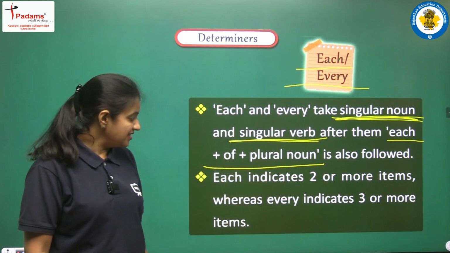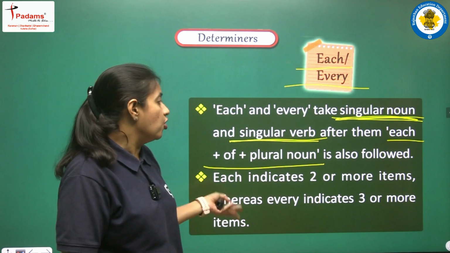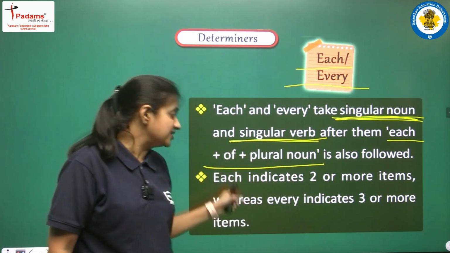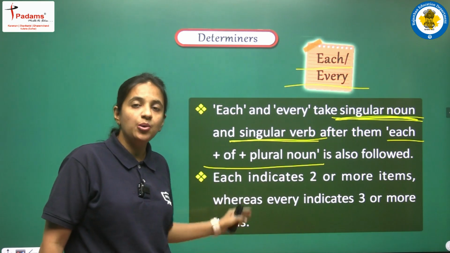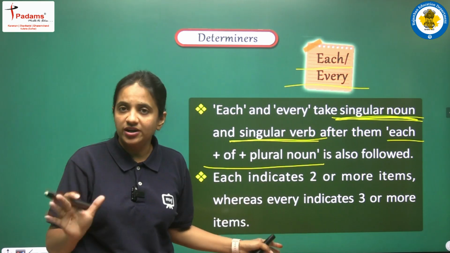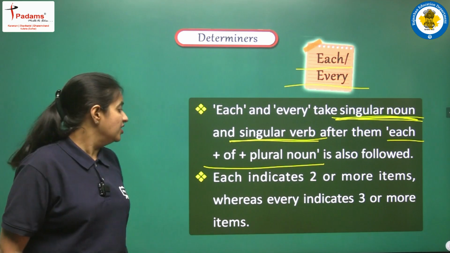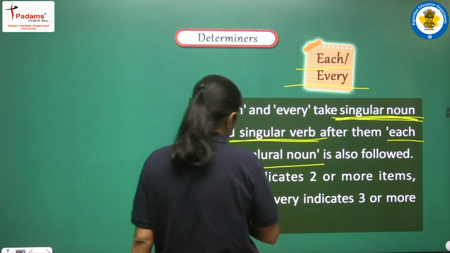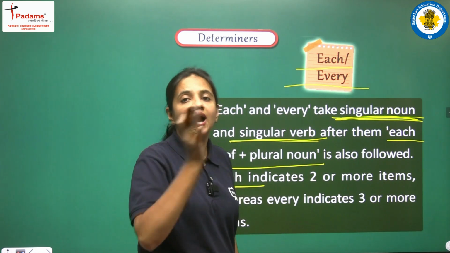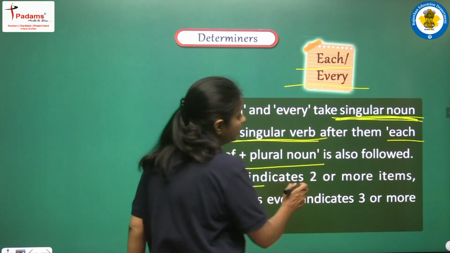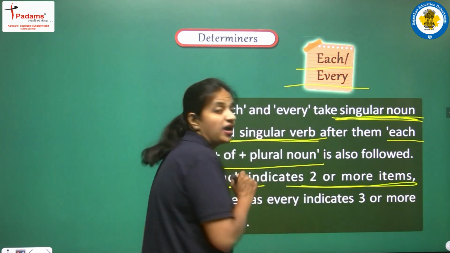Next, each indicates two or more items, whereas every indicates three or more items. Here we have a very important difference between each and every. If we use each in a sentence, we are indicating two or more items.